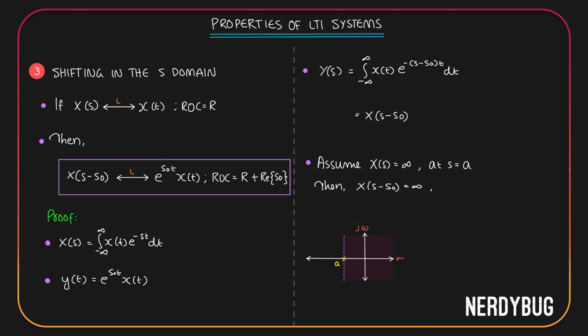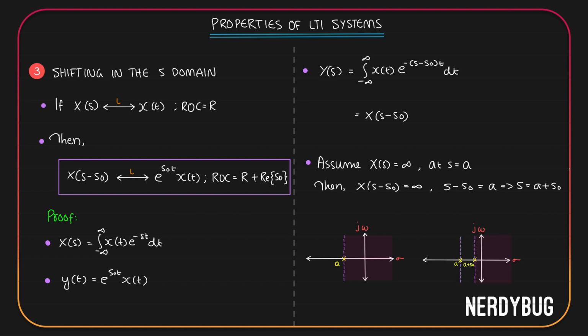So here we'll have to write s minus s naught is equal to a, or s is equal to a plus s naught, the original ROC plus s naught. But then again, we already know ROC does not depend on the imaginary part, it only depends on the real part. So we write ROC is going to be R plus the real part of s naught. If we plot the ROC on an S-plane, it will look like this.